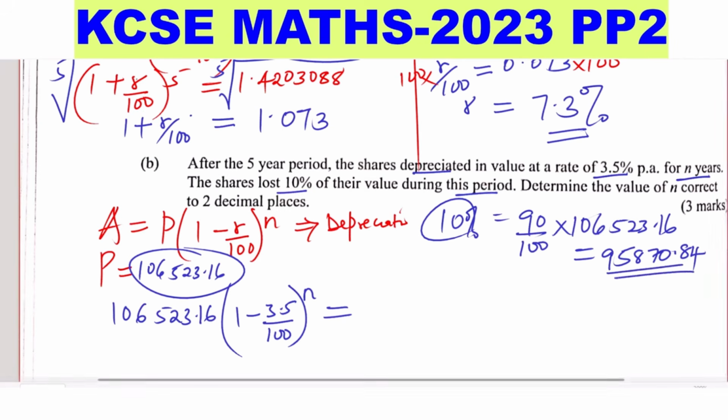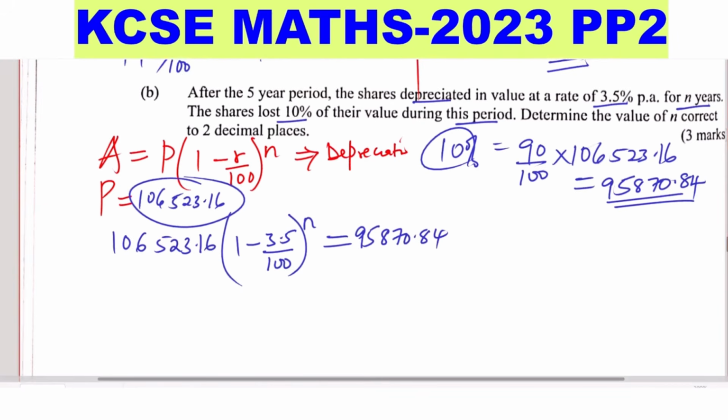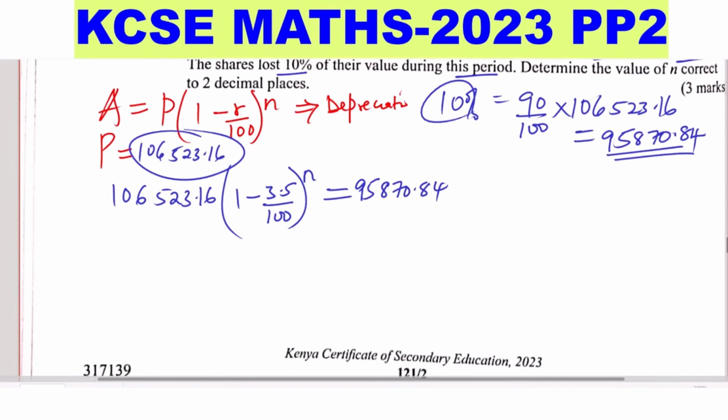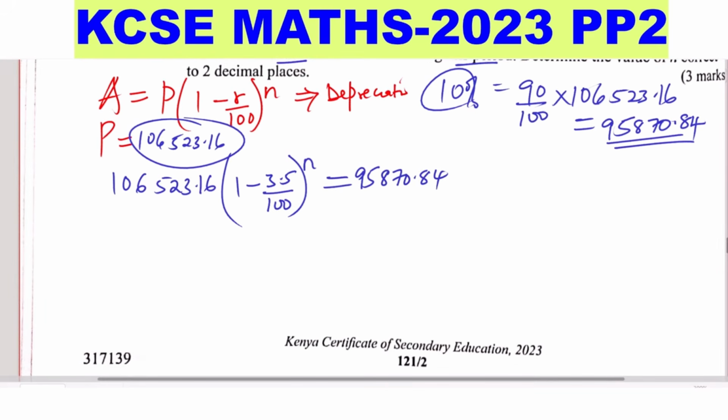Now this is the amount we are going to equate here after losing 10% after depreciation. Now with this equation, we can now find n.